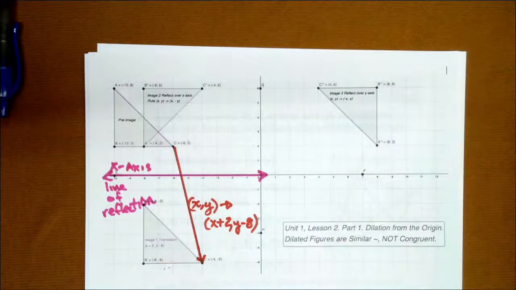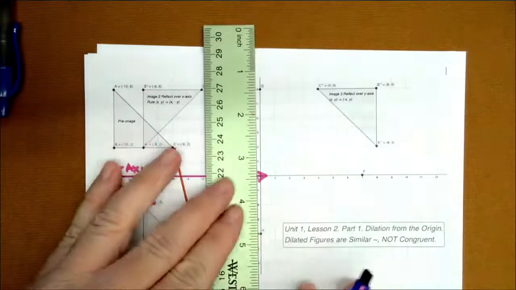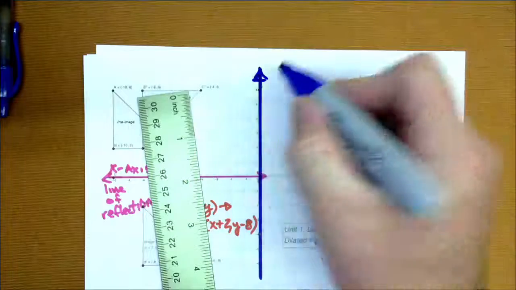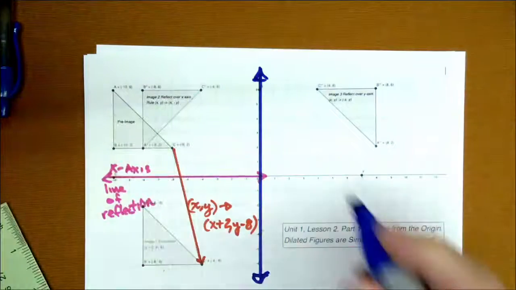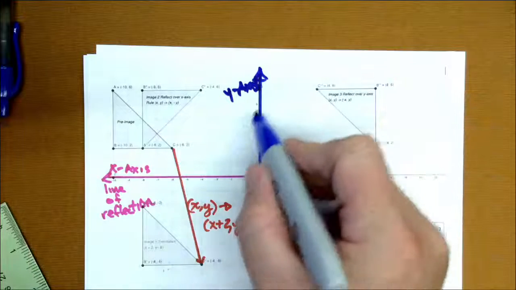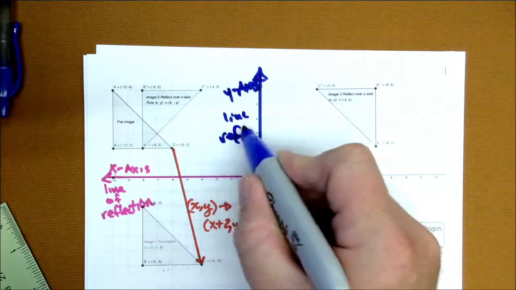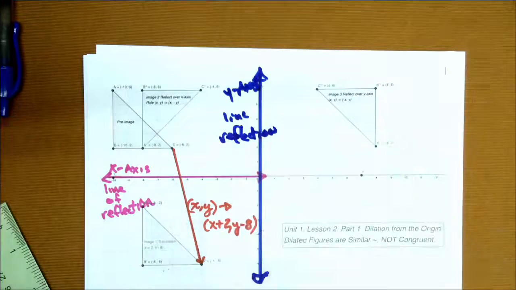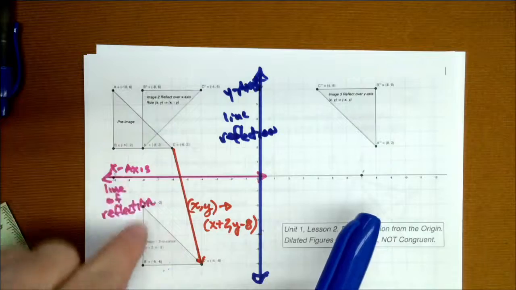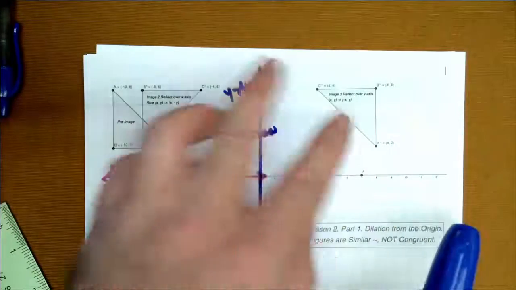And then we reflected again over the y-axis, and this was our new line of reflection. We looked at the rule there where our x's didn't change, but our y's were the opposite. So we wrote a rule, and then we reflected over that.